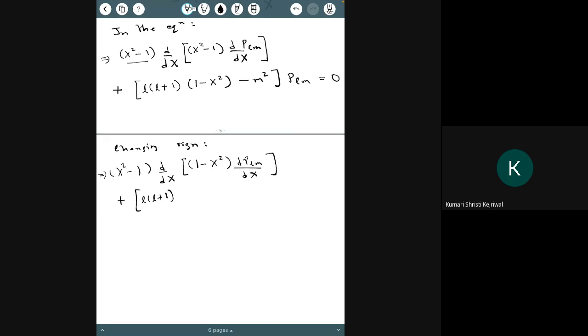And this one also I am changing to 1 minus x squared, then I have a minus m square, equal to zero.